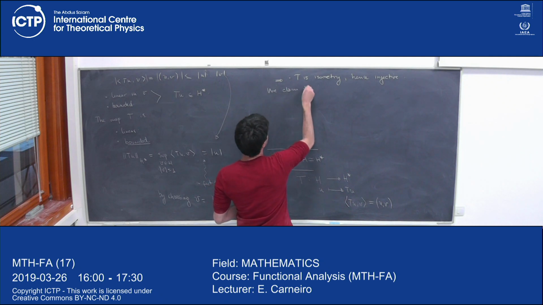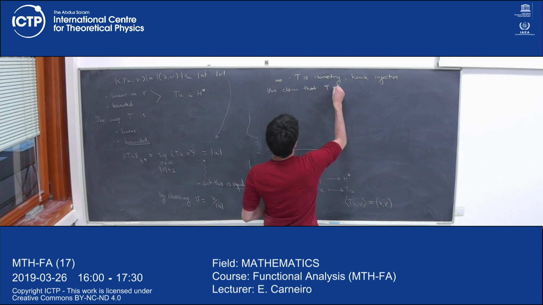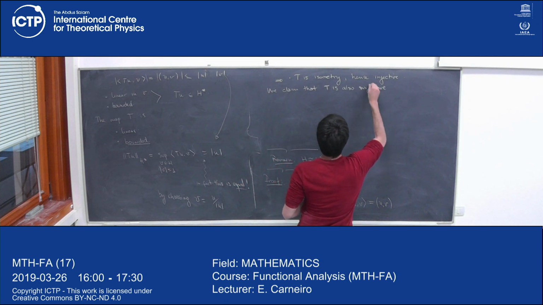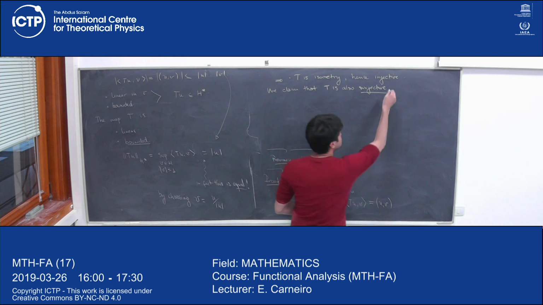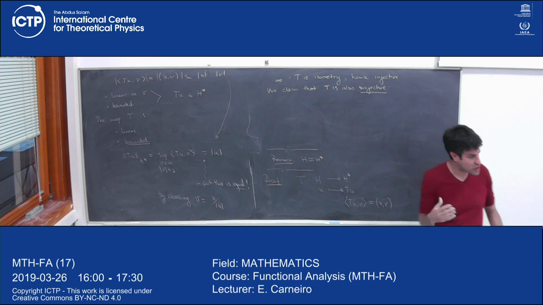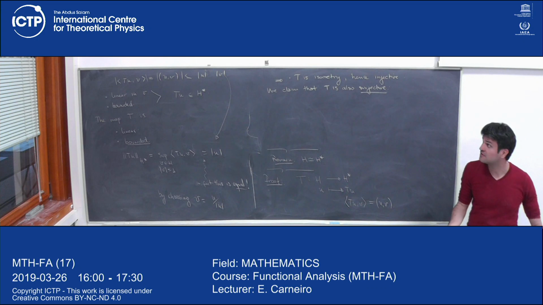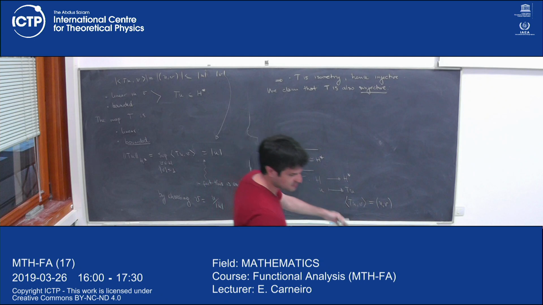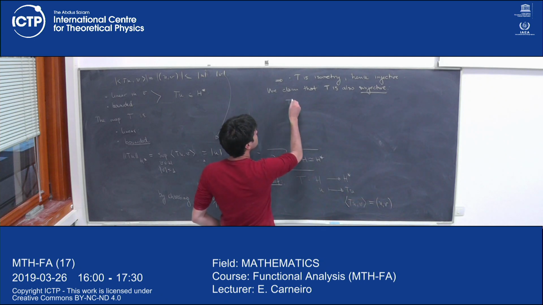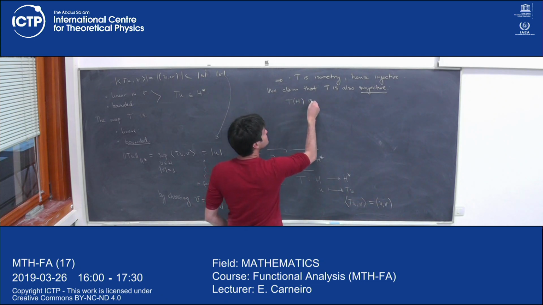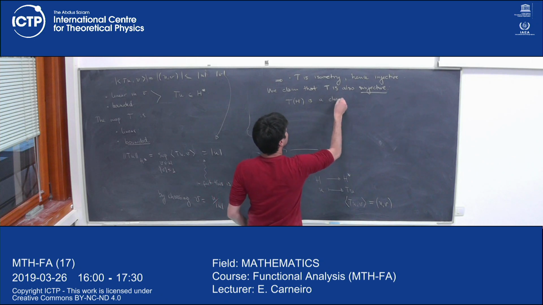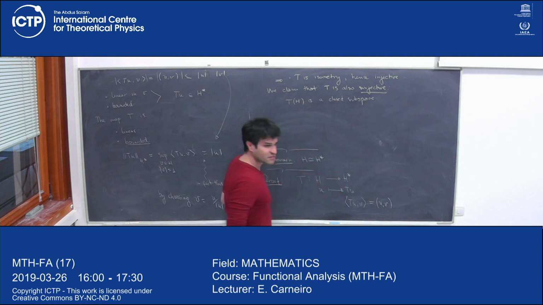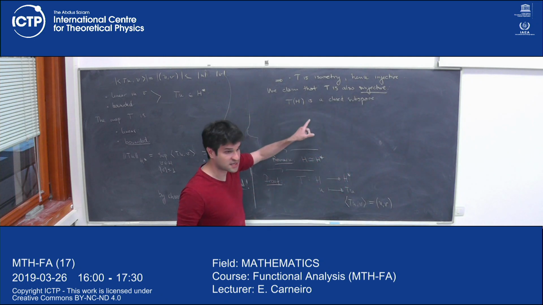We claim that T is also surjective. We have already seen this proof in the past class, where we use the fact that the space is reflexive. How do we show that such a map is surjective? We know that T of H is a closed subspace, because it's an isometry.